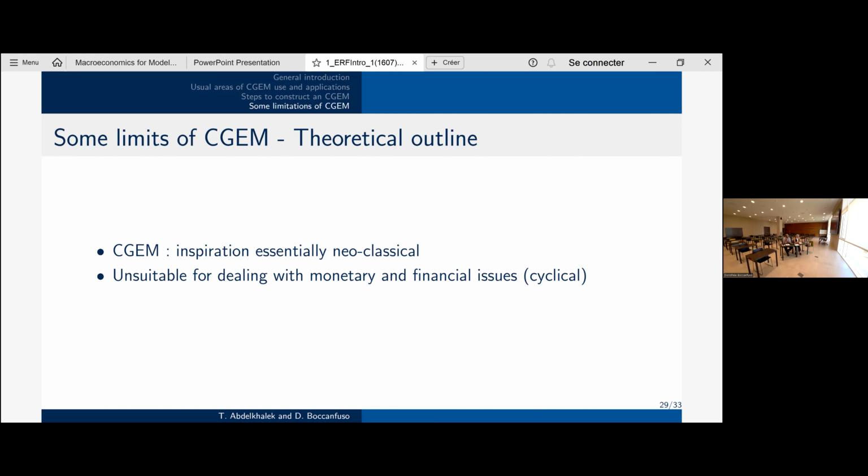Some people tell us, I am looking for inflation in a CGE model. It's wrong. We cannot analyze the impact of monetary policy or look for interest rates or look for inflation in a CGE model. We can do that in a DSGE model, the dynamic stochastic general equilibrium, not in a CGE model. So the CGE model cannot deal with monetary or financial issues in an economy or a cyclical situation.